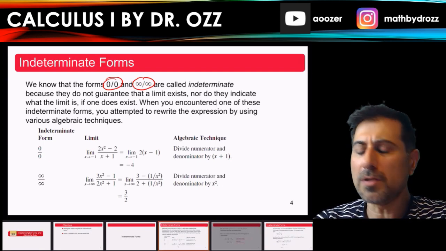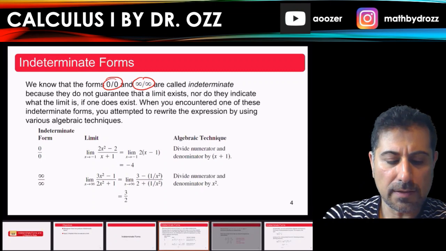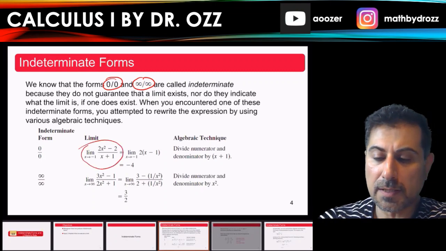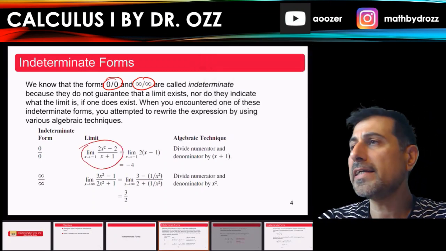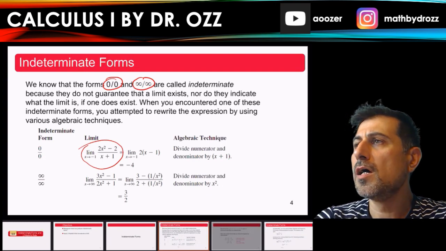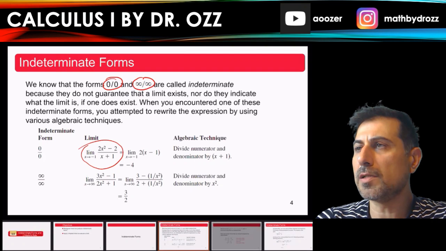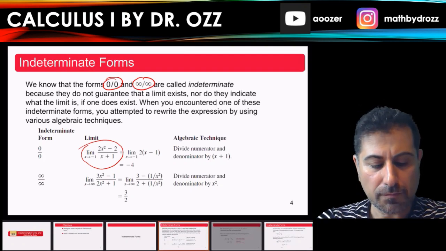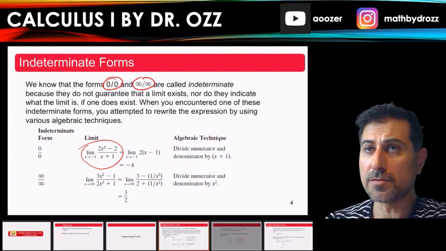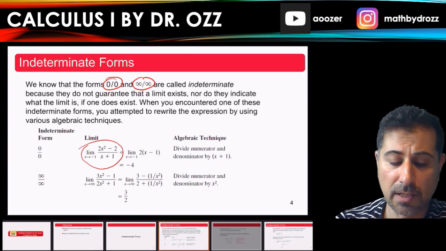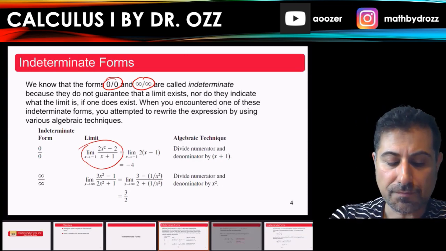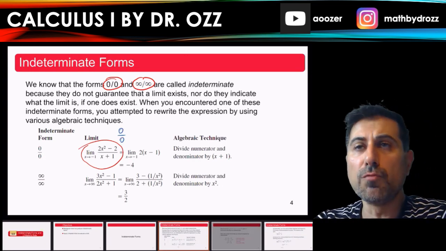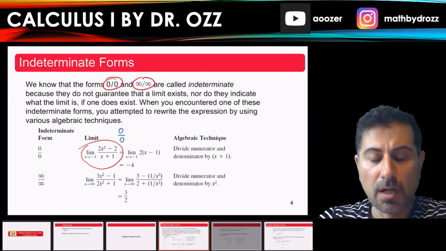Just to give you an example, looking at this limit here, we have x approaching negative 1 of the quotient 2x squared minus 2 divided by x plus 1. When you plug in negative 1 right away, just to see what the behavior looks like, you get a 0 over 0 type indeterminate form.